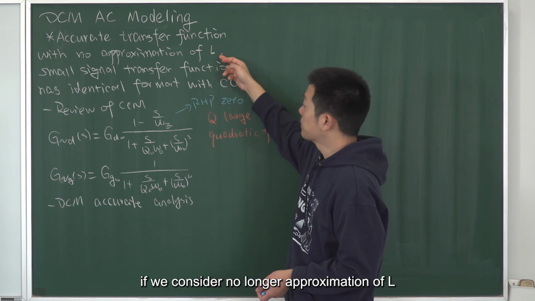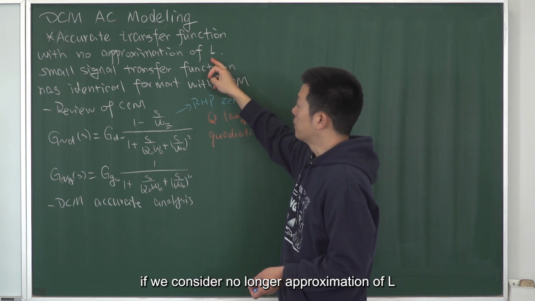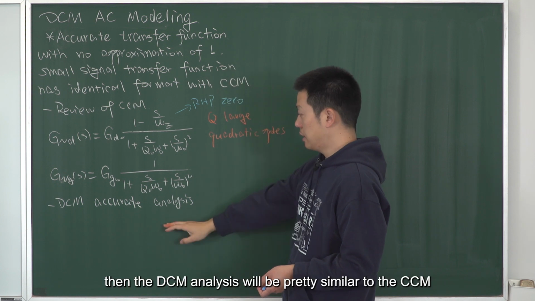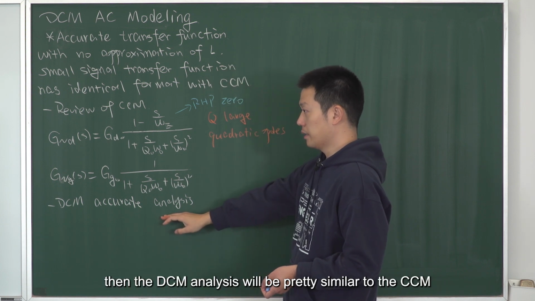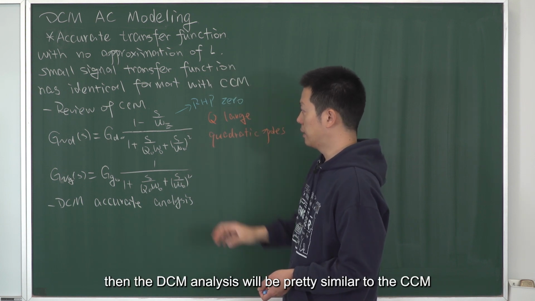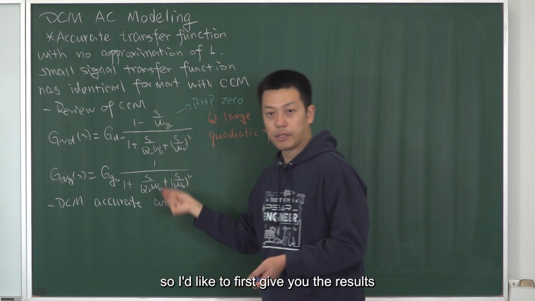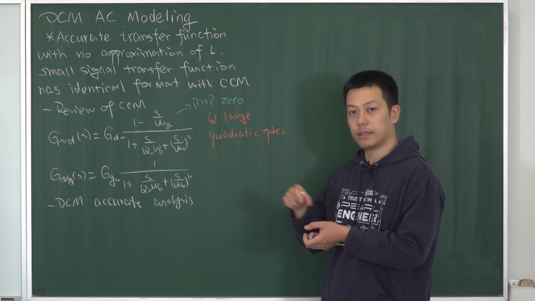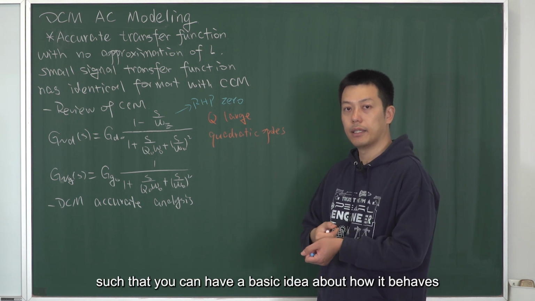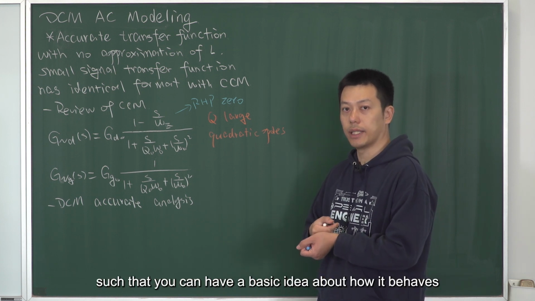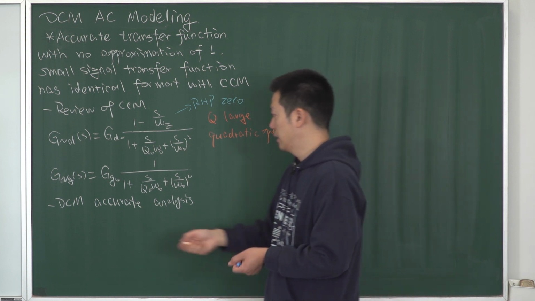If we consider no longer approximation of L, then the DCM analysis will be pretty similar to the CCM. So I'd like to first give you the results such that you can have a basic idea about how it behaves. Then we can analyze it.